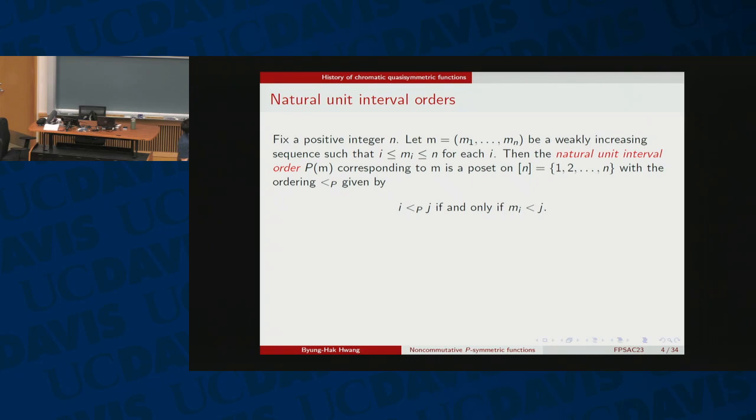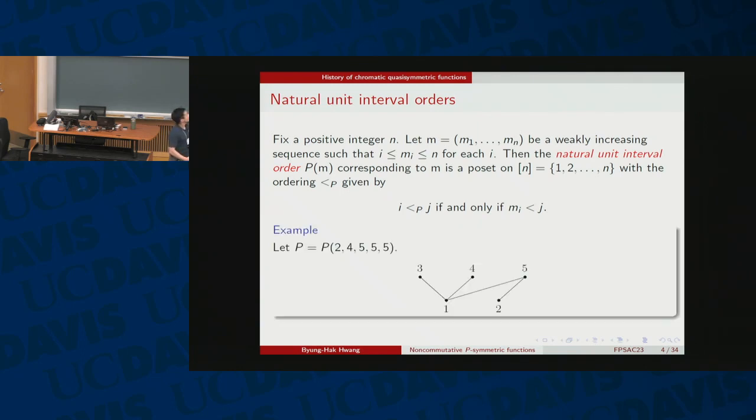Then the natural unit interval order corresponding to this sequence is a poset on the set [n] with the relation given by i is less than j in the poset P if and only if m_i is less than j. So this is an example. If P is the poset from (2, 4, 5, 5, 5), then its Hasse diagram is as follows.